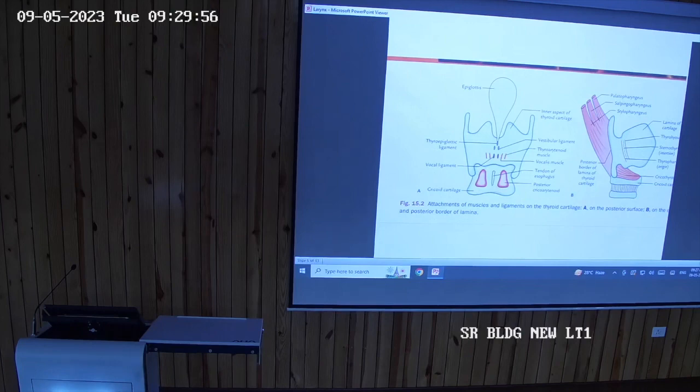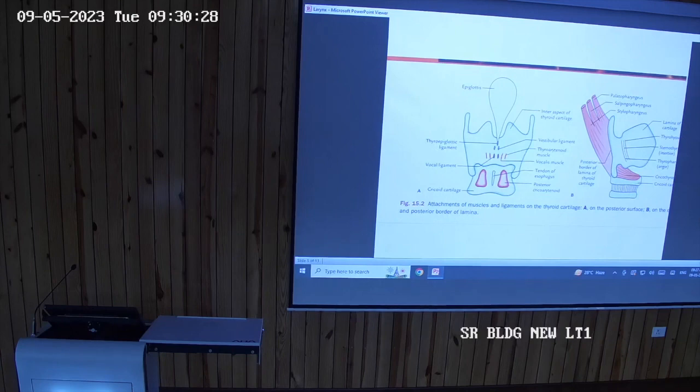In male, the voice is loud and the pitch is low. Opposite to this, in female, the pitch of voice is high, and also in children the pitch of voice is high compared to the male. The loudness of voice is low in female and pitch is high. All right. Let's see.